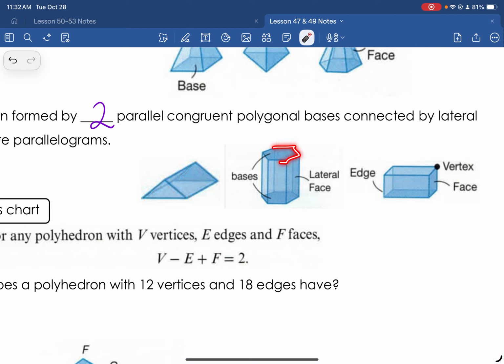There's 2 parallel hexagons, which is why this is called a hexagonal prism. 2 parallel rectangles, rectangular prism. Okay, once again, you've got your bases, you've got your lateral faces, you have these edges, which are the lines, the points are vertices, and the faces are the shapes.